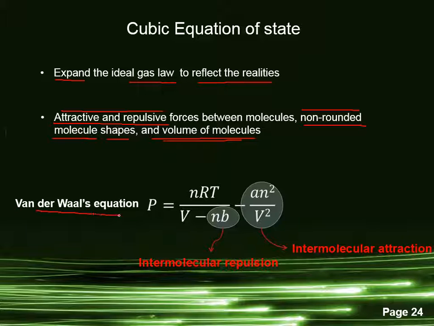The first of these cubic equations of state which we talk about is the van der Waals equation. To adjust for the molecules, here is the equation. It has a B term here, and it also has attraction of molecules to each other, the A times n squared over V squared, added to account for the attraction between molecules. But why is this a cubic equation of state? Why do we name this type of equation cubic?